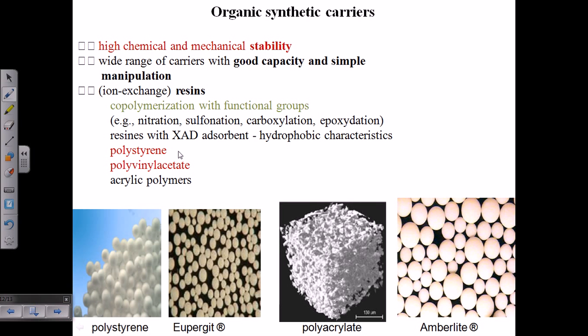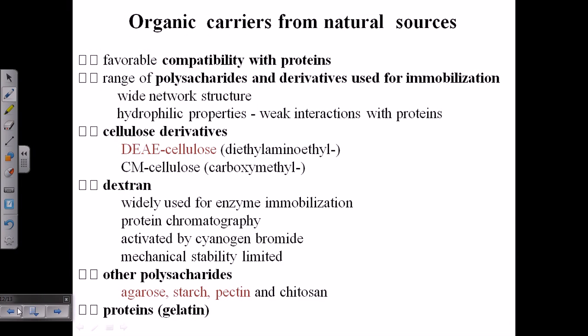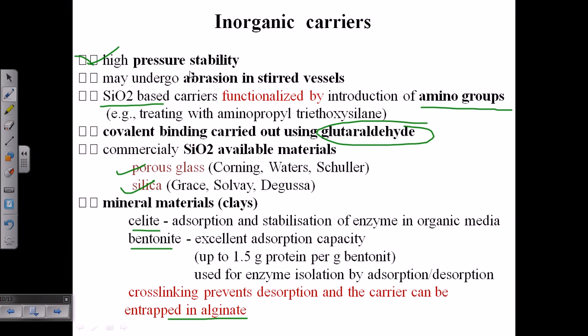Now let us look at the organic synthetic carriers, which are synthesized outside the system. It is not derived naturally, and the advantage of these synthetic carriers is that they are highly durable. They have mechanical stability as well as pressure stability. In the case of inorganic carriers, we get pressure stability, but the bonding is not that effective.